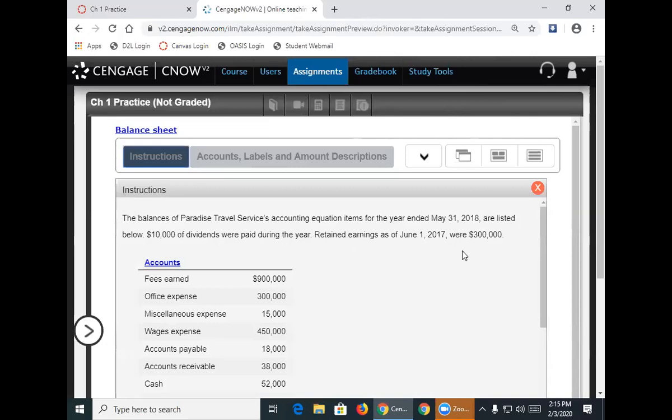I would start with beginning retained earnings, which are 300,000. I would add in my revenue of 900,000, subtract out my 3 expenses, and then subtract out the dividends. So on your homework, you'll have to go through that whole procedure to calculate your ending retained earnings. So you're really just following the statement of retained earnings, okay?